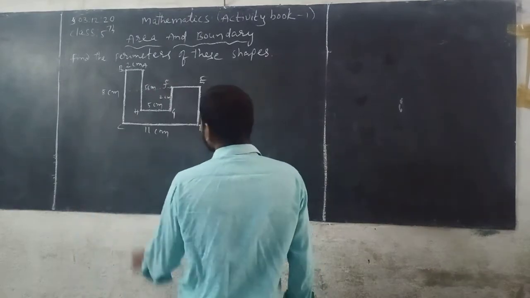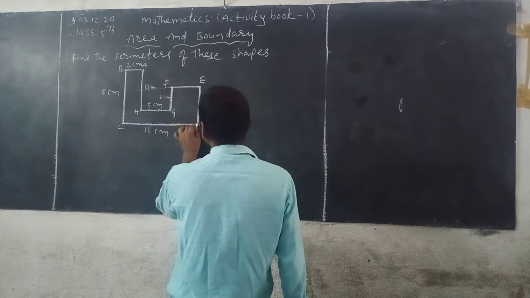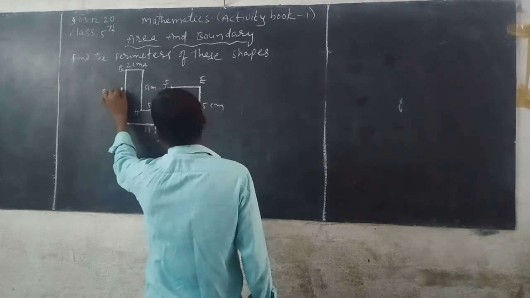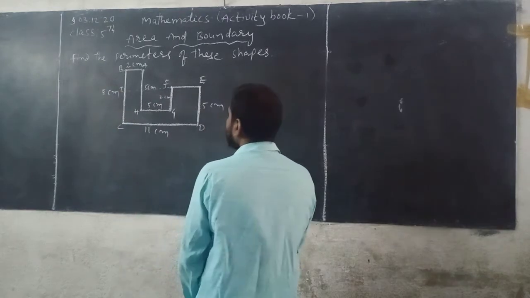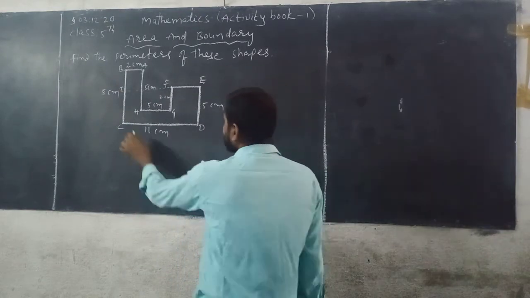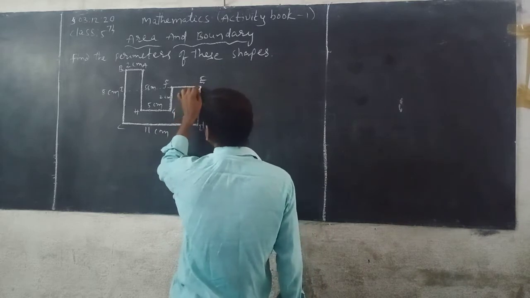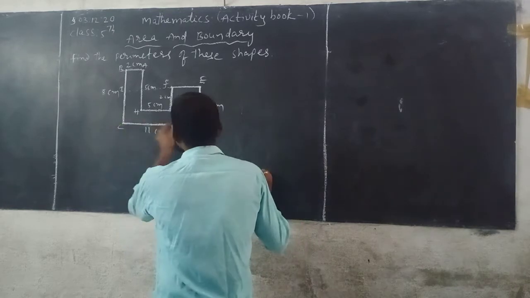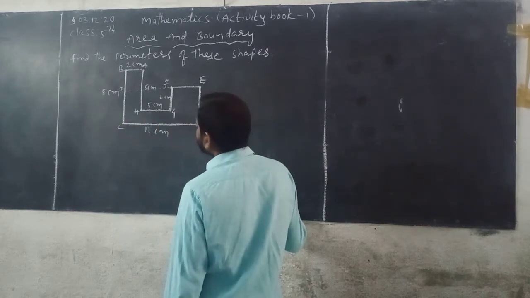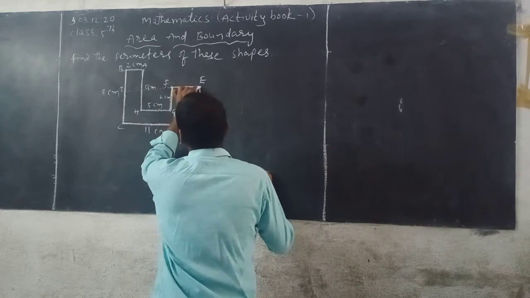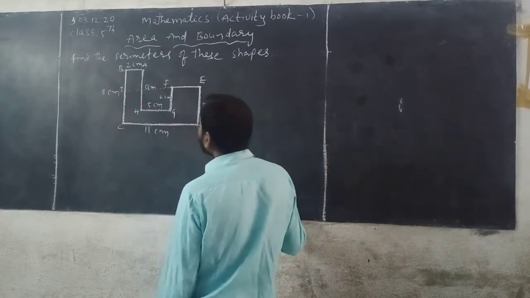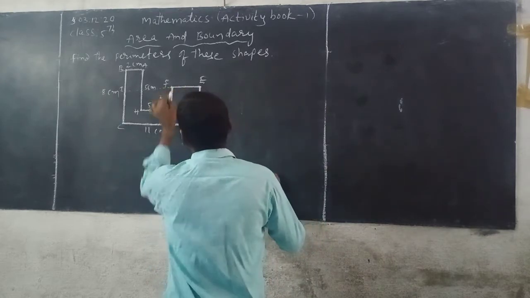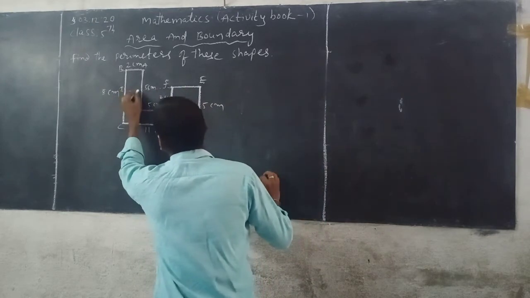See here, this line CD is parallel to EI. CD is equal to 11 centimeters and also this EI. So I have to take two line segments, that is EF and FI.